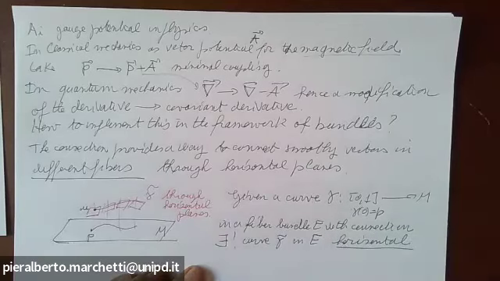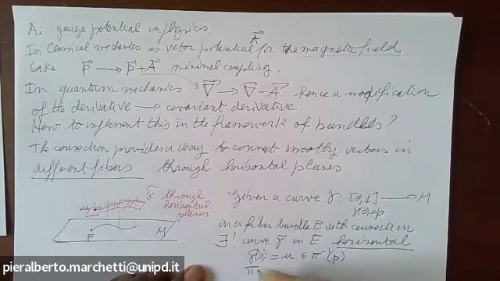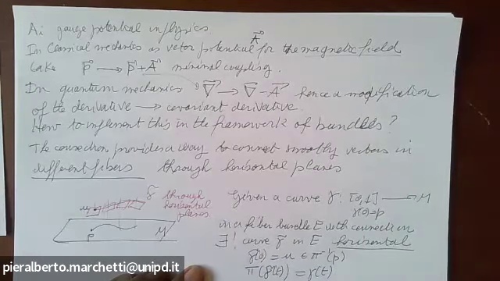According to this intuition, gamma tilde of 0 is exactly your point U, from which you start in the fiber over P. And of course, the property of this curve in E is that it projects down by pi exactly to your original curve gamma of t.